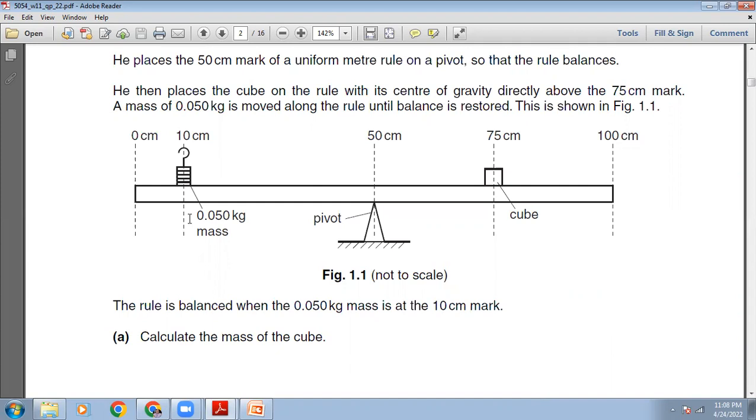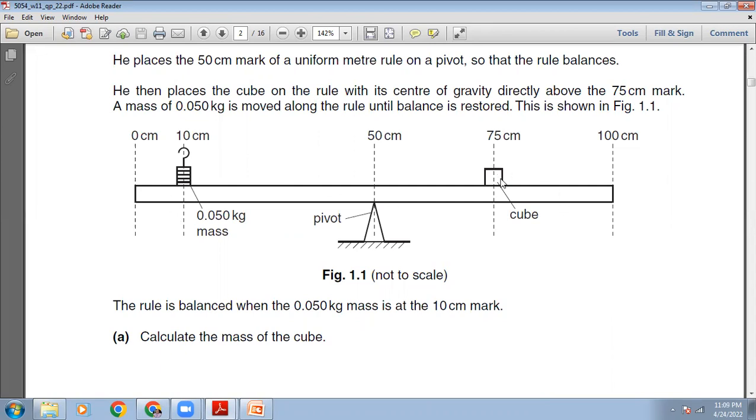Its distance from the pivot is 40 centimeter, because this is 50, this is 10. And this whole thing is in balance. The rule is balanced when the 0.050 kg mass is at the 10 centimeter mark. Calculate the mass of the cube.